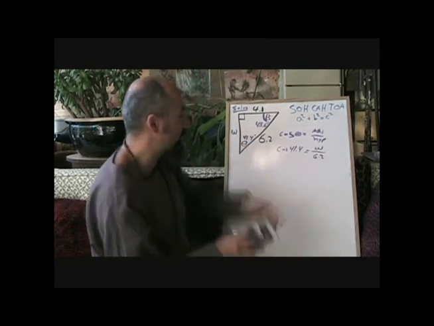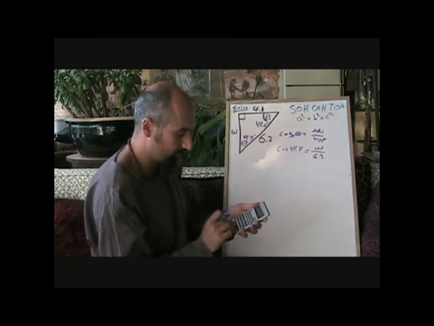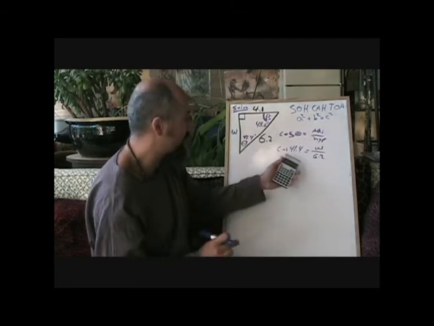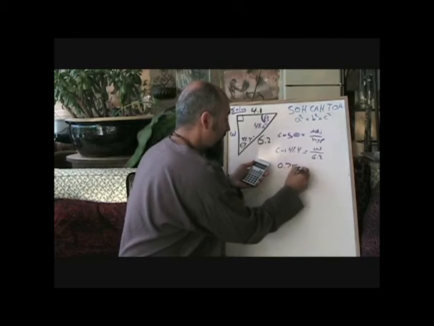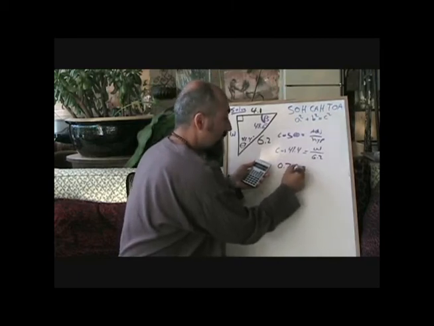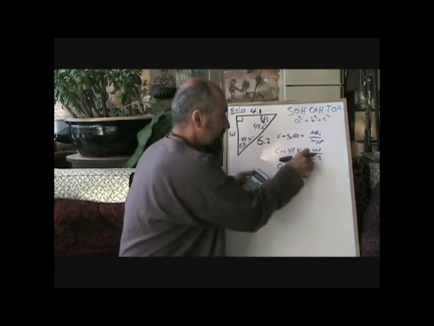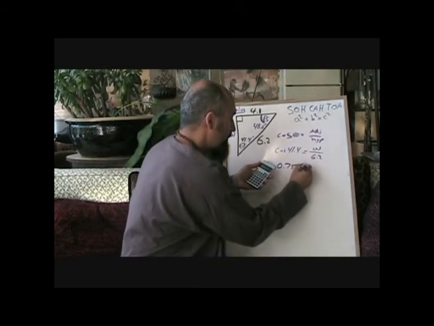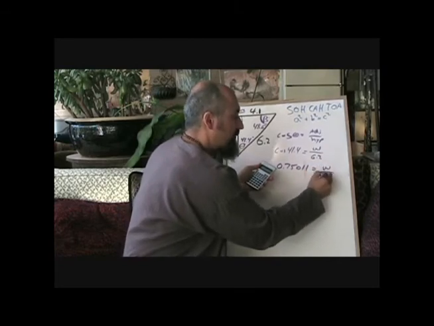So what you're going to do is you're going to go 41.4, and you're going to take the cos of it because that's what that means. That's going to give you 0.75011, let's use complete sig figs, is equal to W over 6.2.